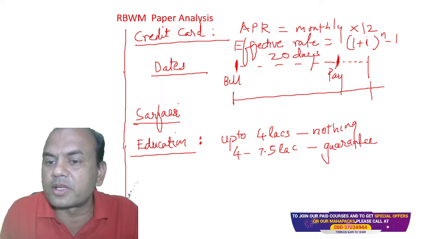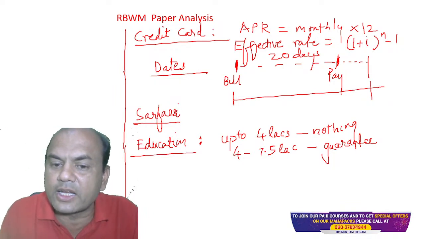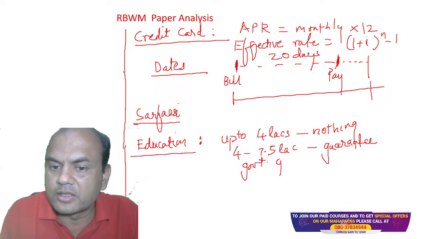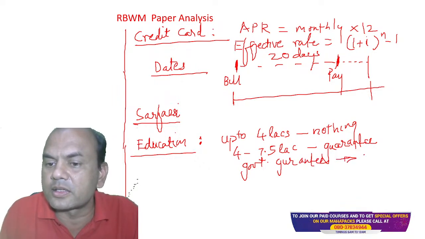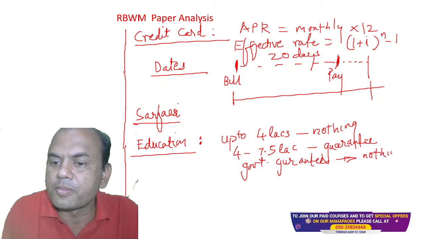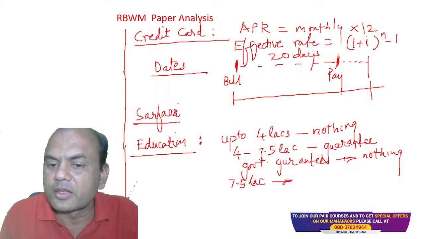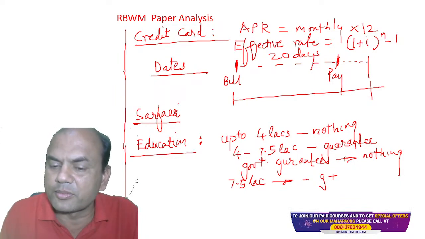Now there is a sub clause to this. If this education loan is guaranteed by the government, if a government guarantee is there, then nothing is needed again. And after 7.5 lakhs, you need a guarantee plus security, meaning tangible security.